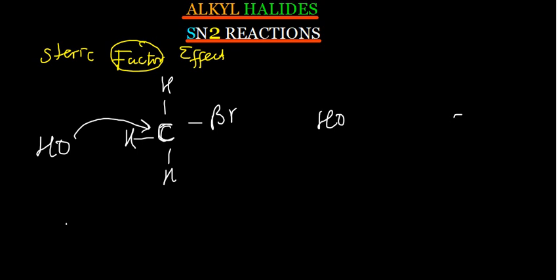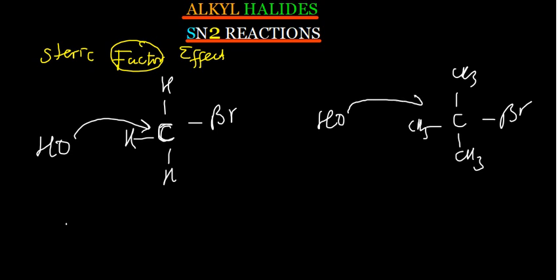Let's say we have got a carbon here, you have got a methyl, a methyl, a methyl, and then you have got a bromine. Why is it going to be very difficult to attack? It will be very difficult to penetrate these atoms because they've got a lot of electrons, and remember it is a lone pair of electrons which is going to go in that direction to attack.